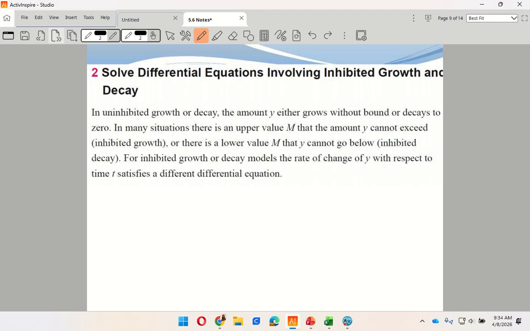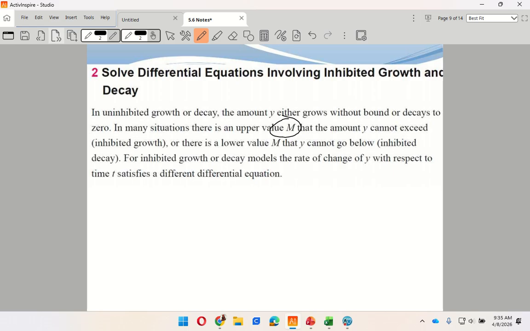All right. Uninhibited growth and decay. The amount of y grows without bounds or decays to 0. That's important. So decay can't go to negative, so it's going to go to 0. In many situations, there is an upper value m, which is going to be my maximum amount that the y cannot exceed. Inhibited growth, that's what we're talking about, population, because it is inhibited.